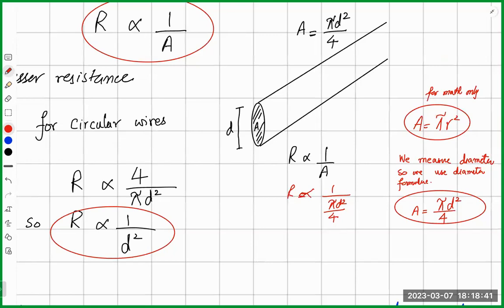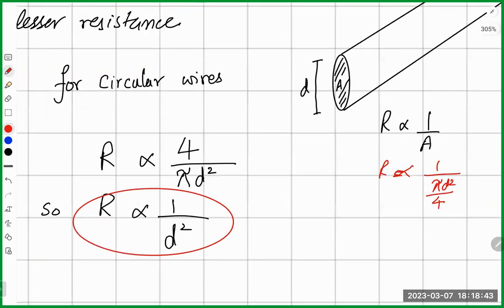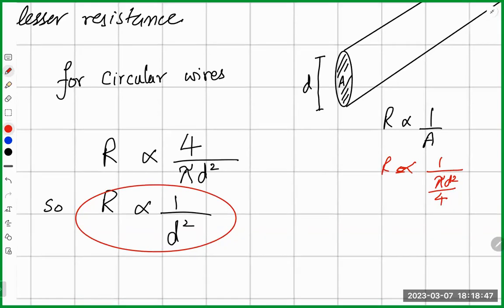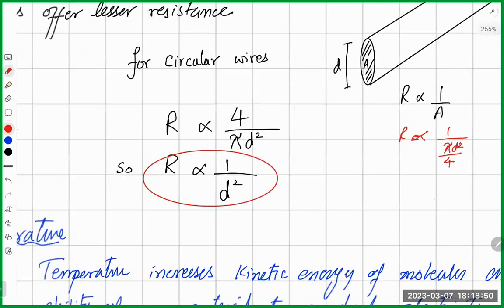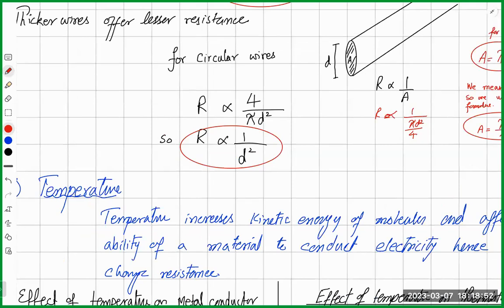That means resistance is inversely proportional to d square. This is very important. So this means that if you double the diameter, if you use a wire that has double diameter, that wire will have one quarter the resistance. Oh no, we are missing something.